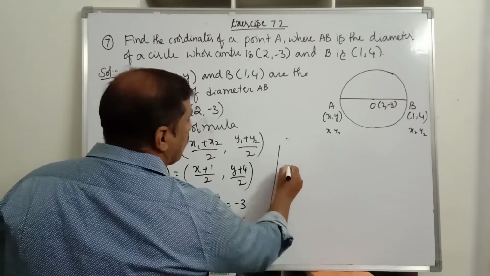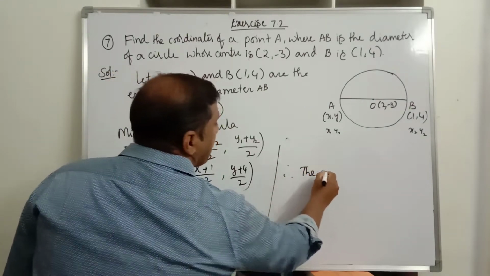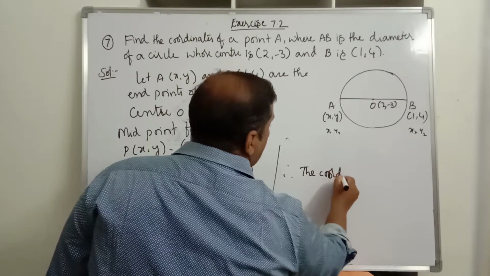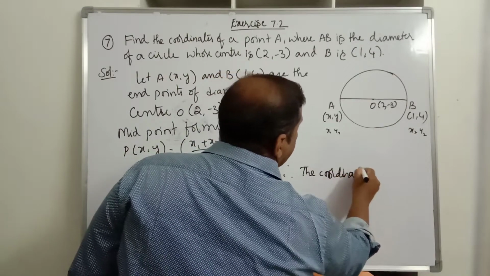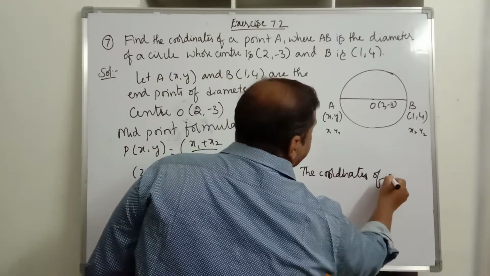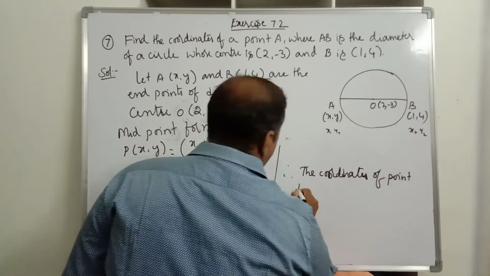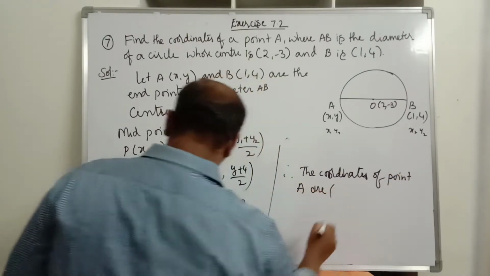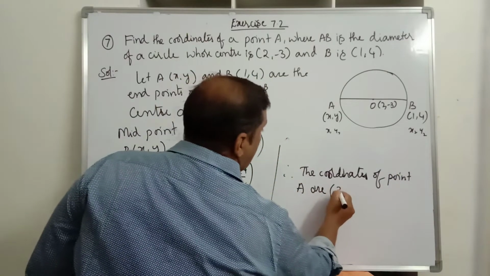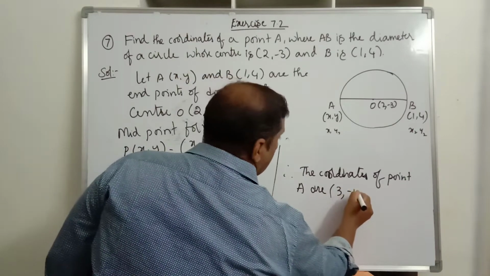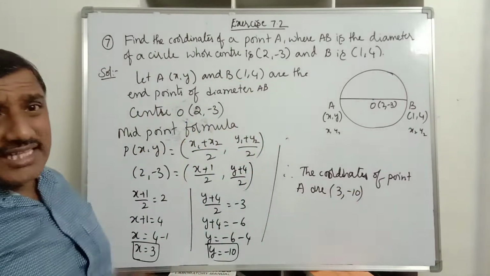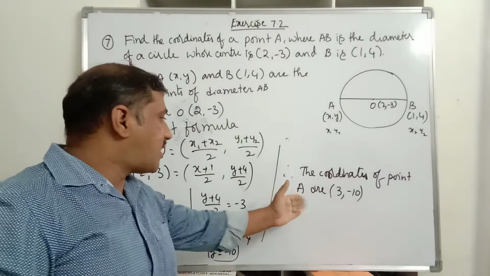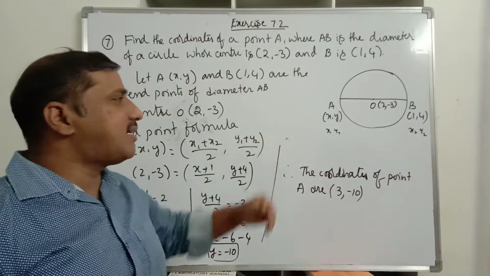Therefore the coordinates of point A are: x is equal to 3, and y is equal to -10. So like this we find the coordinates of point A.